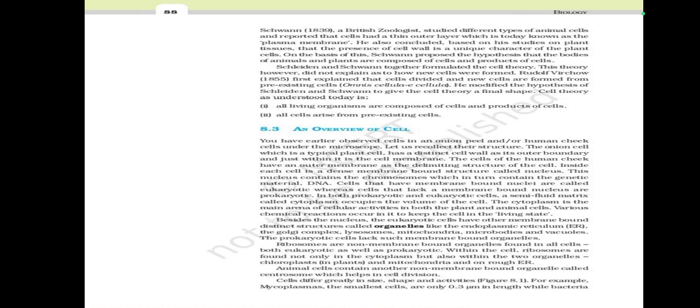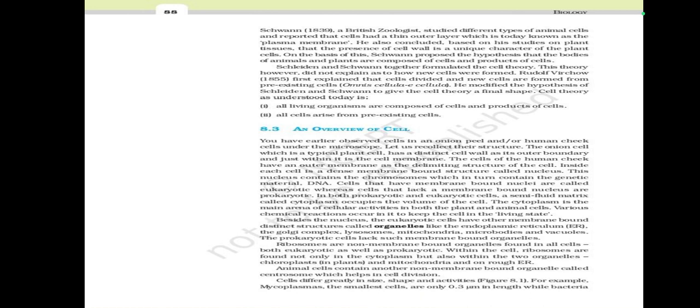Inside each cell is a dense membrane bound structure called a nucleus. This nucleus contains the chromosomes, which in turn contain genetic material, DNA. Cells that have membrane bound nuclei are called eukaryotic, whereas cells that lack the membrane bound nucleus are prokaryotic.